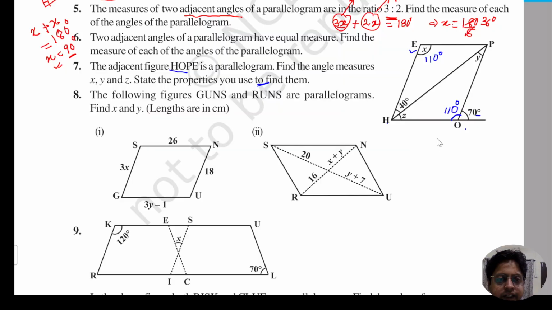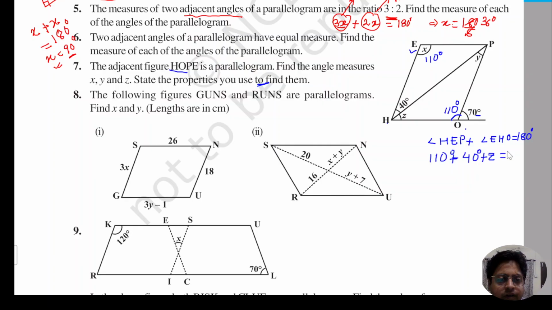So we can write angle HEP plus angle EHO is equal to 180 degree, right? HEP is already we have found out, it is equal to 110 degree. Angle EHO is written as angle 40 degree plus Z, and it will be equal to 180 degree.